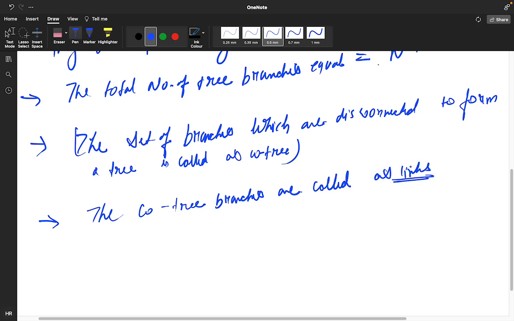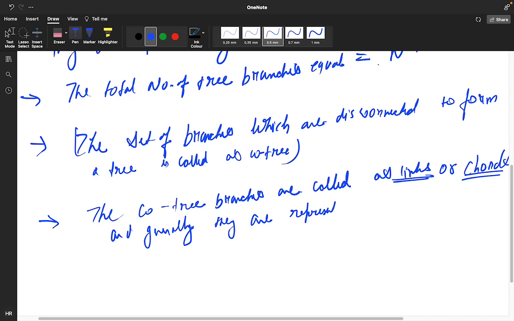So they can ask you what are twigs, what are links. Or we can say chords, links or chords. And generally they are represented by dotted lines. And what is the formula for your co-tree?